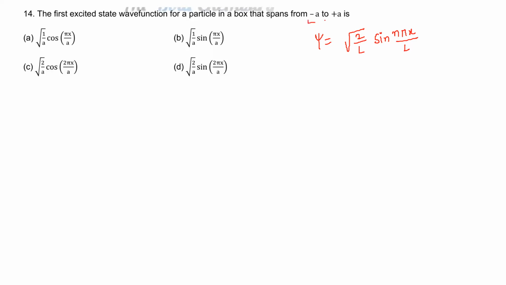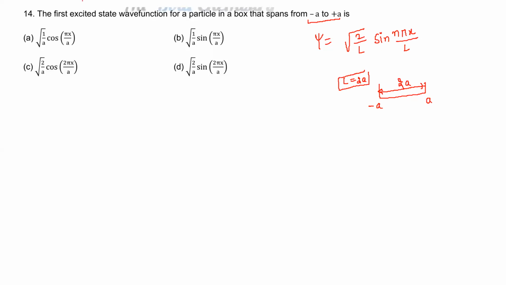Okay, but here it is given the particle is present in the box that spans from -a to a. Suppose this is the box having length from -a to +a. That means the total length of the box is 2a. So here length L is 2a, right?